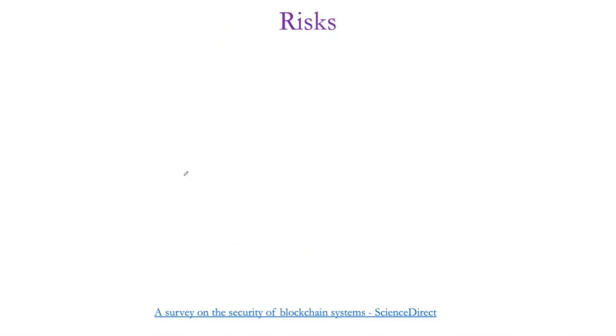So what are the different risk factors based on this consensus mechanism? We try to discuss these in terms of different issues and how they happen. We have seen permissioned blockchains as well as permissionless blockchains, correct?